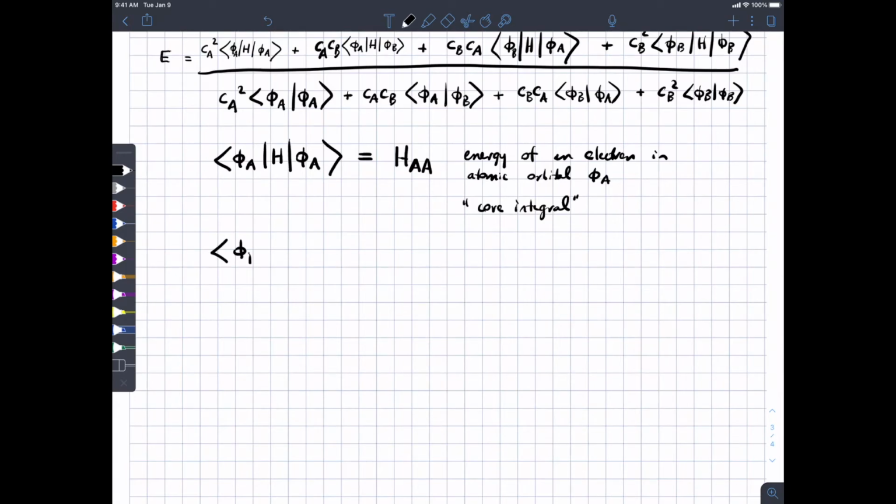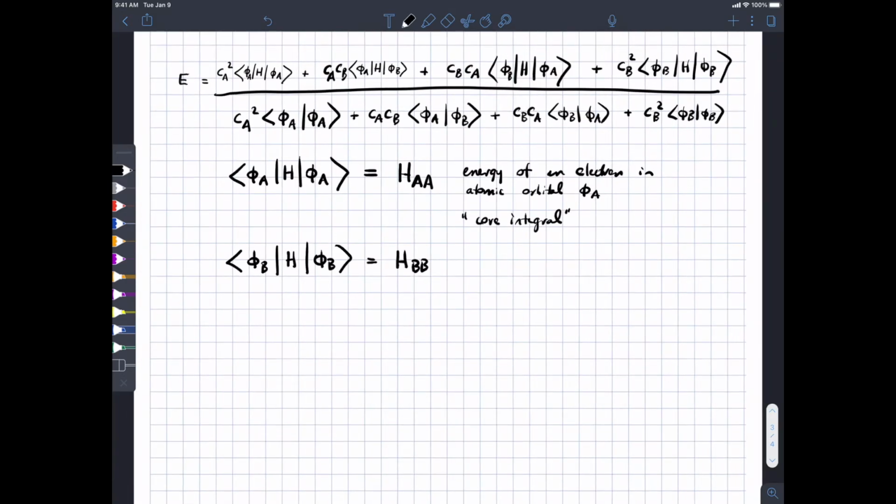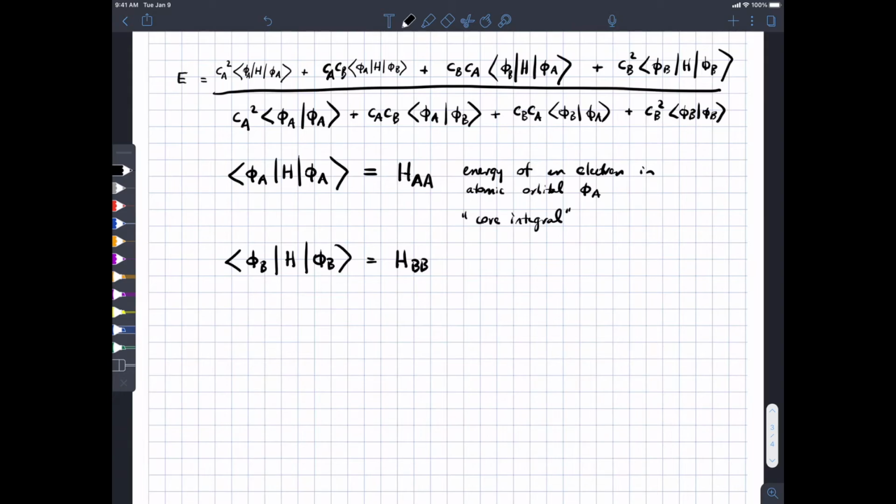Because we can do the same thing for phi B. And again, this would represent the energy of an electron in atomic orbital phi B. But if phi A and phi B are the same kind of orbital and have the same energy to begin with, then we can simplify things by saying that H double A equals H double B. That makes sense.